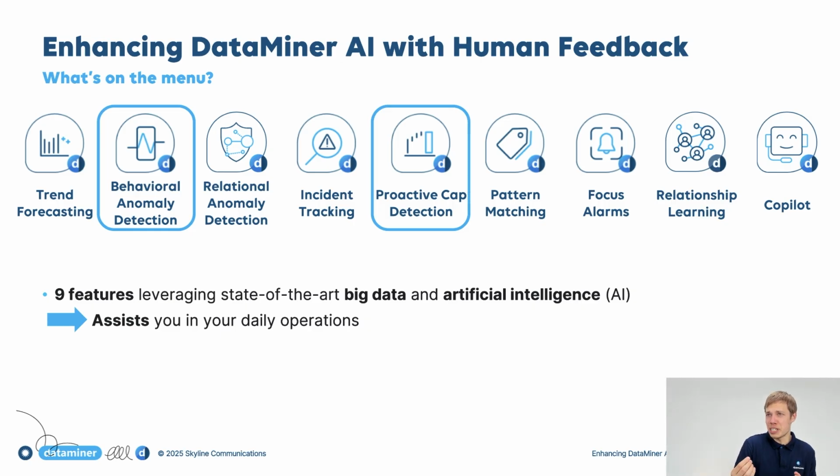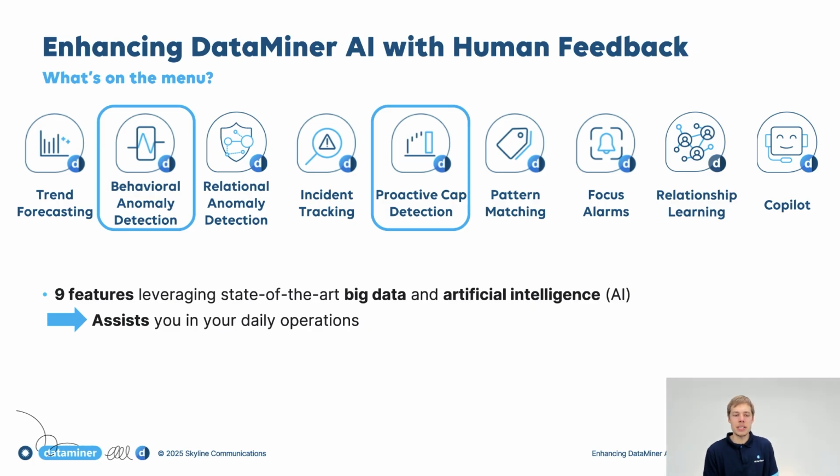And the reason we sometimes need that feedback is that based on the trend data alone, that is sometimes not enough information to determine whether something is an issue or not. That often also depends on the broader context, how you use the devices that you are monitoring with DataMiner in your organization, what procedures you have in your organization, and so on.